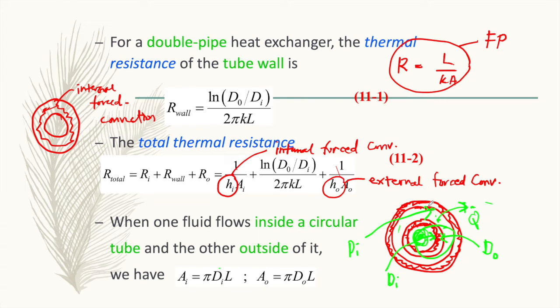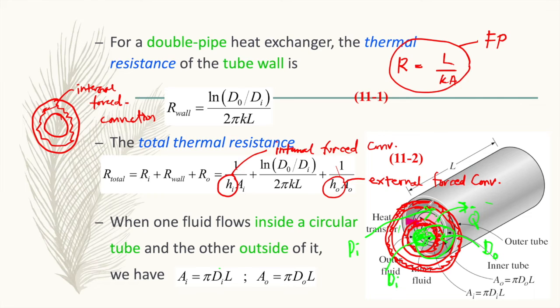You are dealing with the rate of heat transfer, or you want to calculate the resistance for that surface where the heat transfer occurs. Do not calculate cross-sectional area, because cross-sectional area is normally for the mass flow rate, discharge rate, or volumetric flow rate.